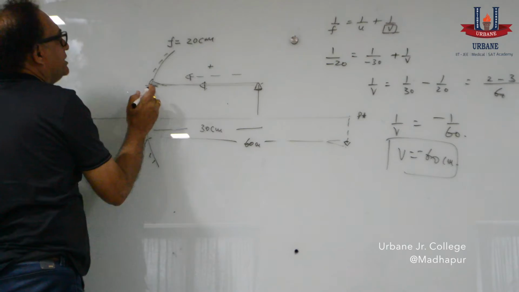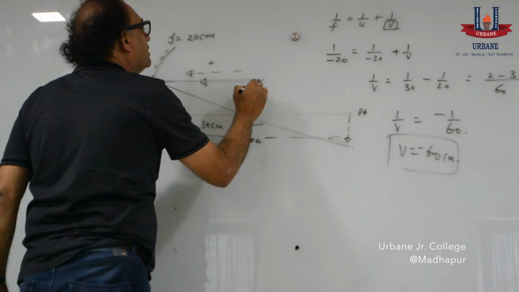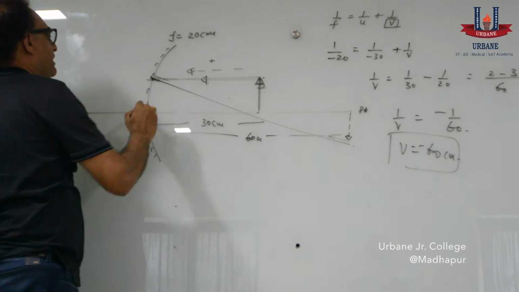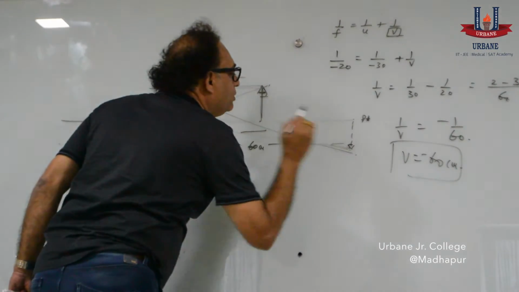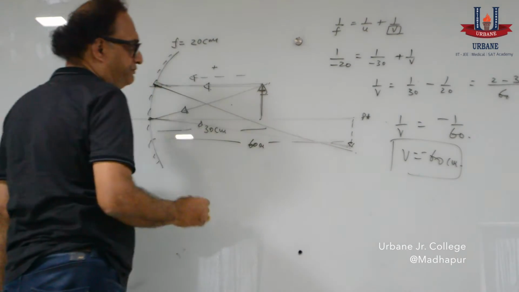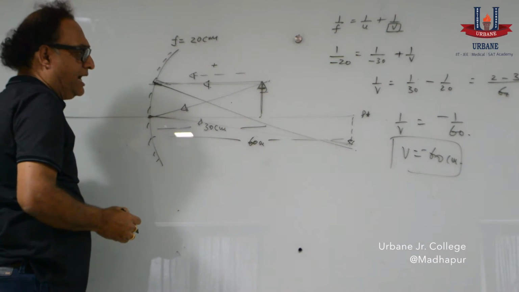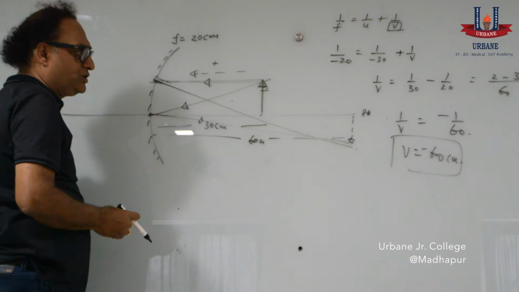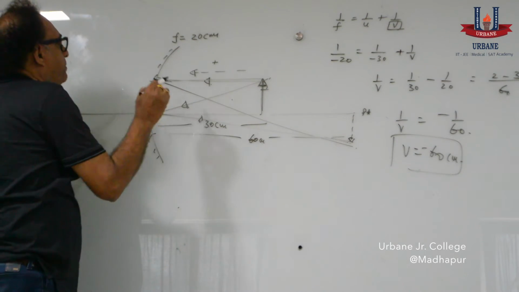Let me try to draw this in a proper way like this. And the next one is a ray of light which hits the pole has to again go and strike here, and so we find the image here. So the image is going to be inverted and the image is a real image and it is formed 60 centimeters from the pole of the mirror.